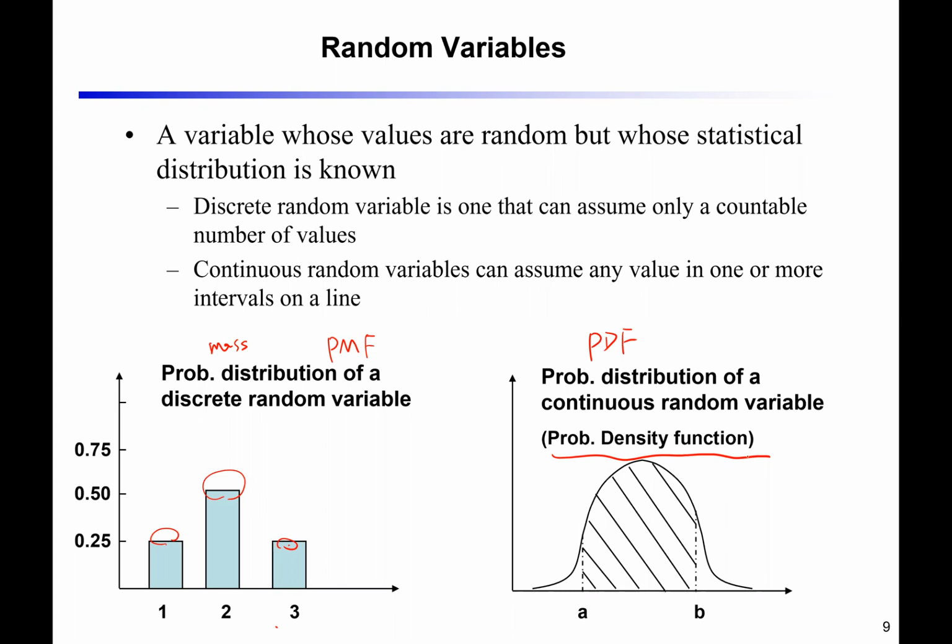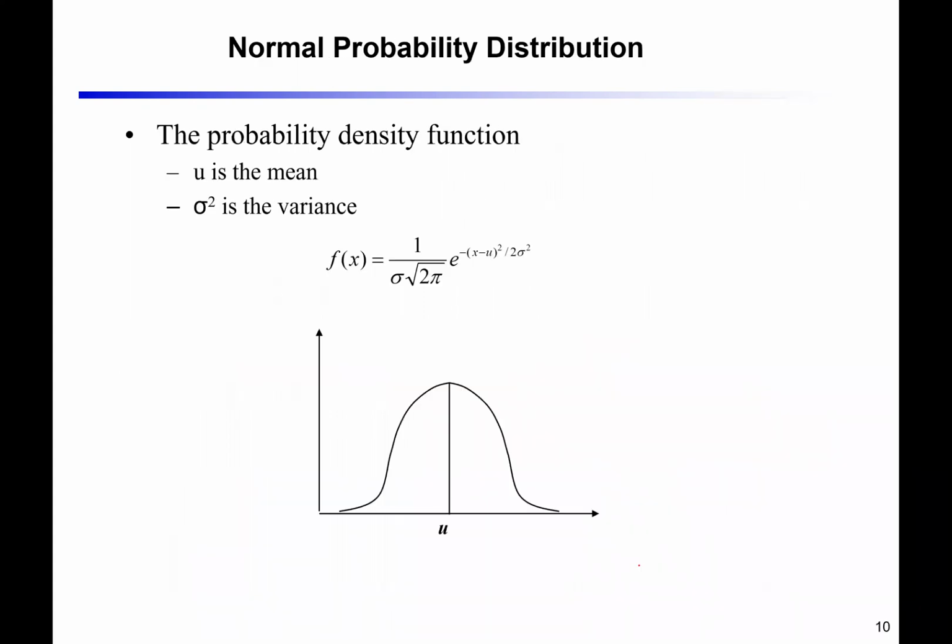The normal distribution is a continuous random variable, and with A and B you can find the probability of falling into this range. So this is a PDF.